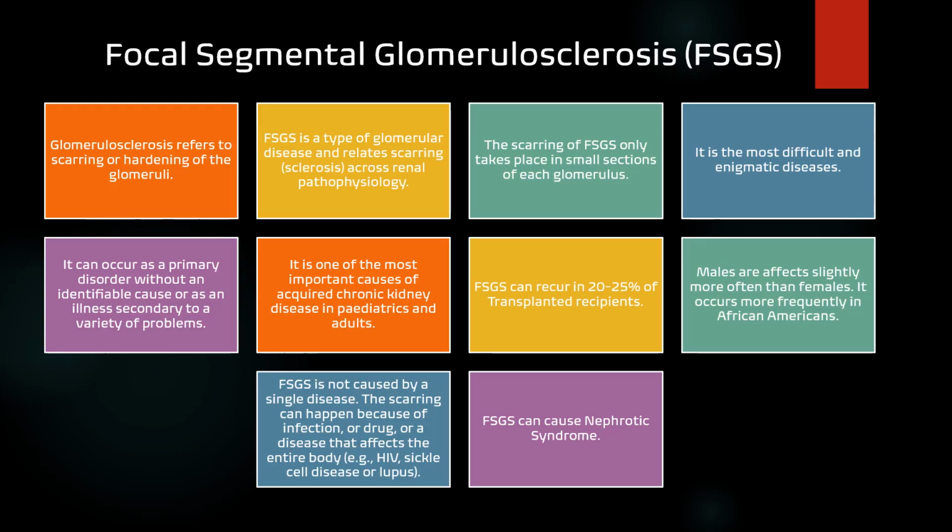So to begin with, FSGS, or focal segmental glomerulosclerosis, generally refers to scarring or hardening of nephrons, or glomeruli. FSGS is a type of glomerular disease, and relates to scarring or sclerosis across renal pathophysiology.